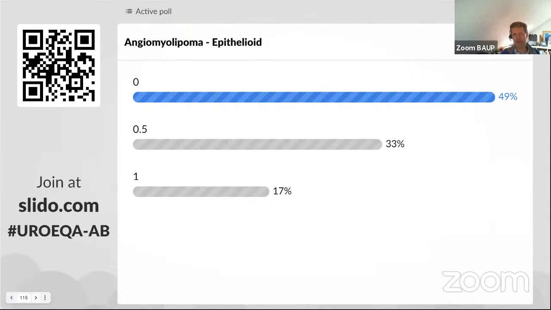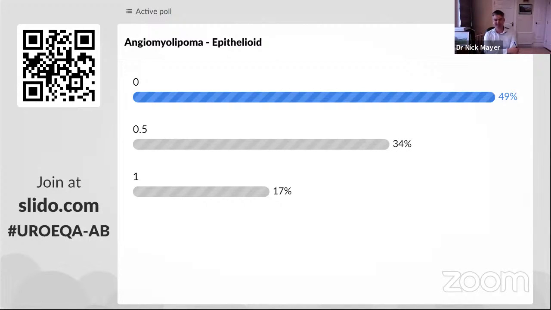For the epithelioid AML, there was a split. No, it's not 0, because if you combine the 0.5 and 1, that gets us 51%. But the majority give you 0.5. So do we add 33% of 0.5 and 17% of 1 and give them a score of 0.56? How is that going to work?